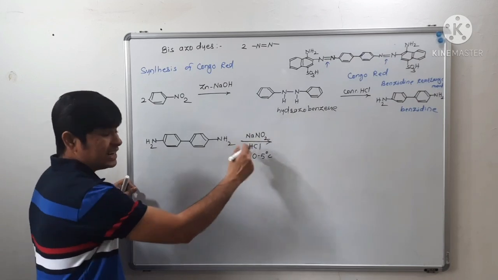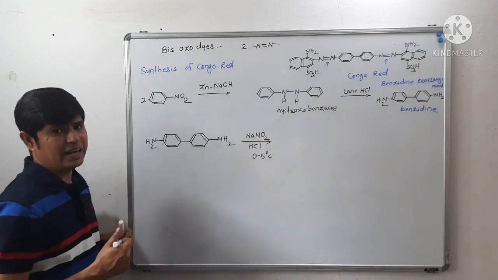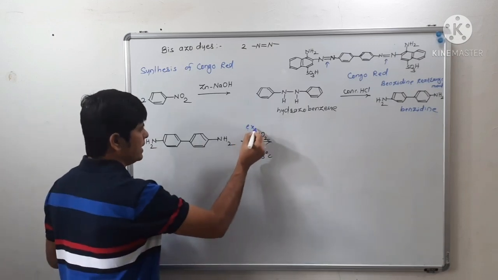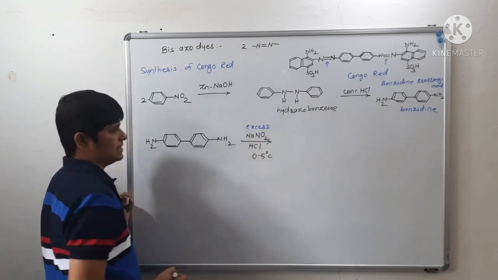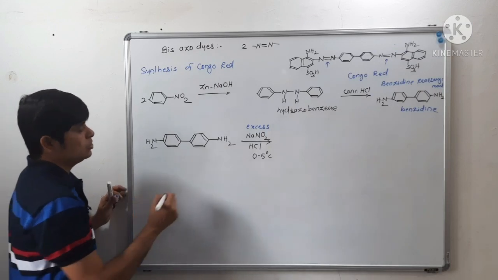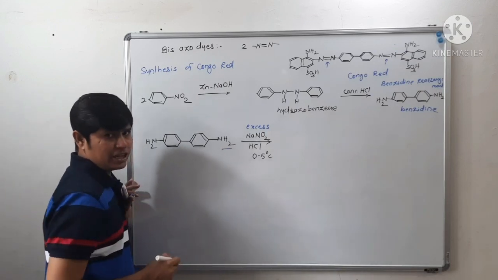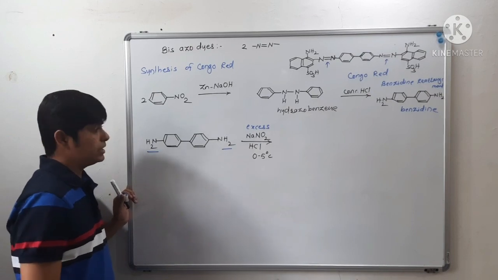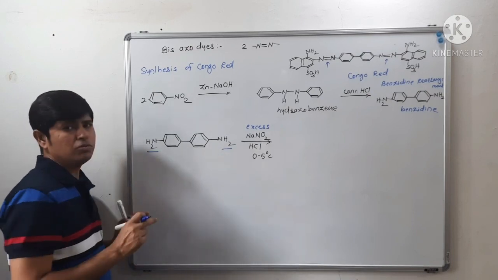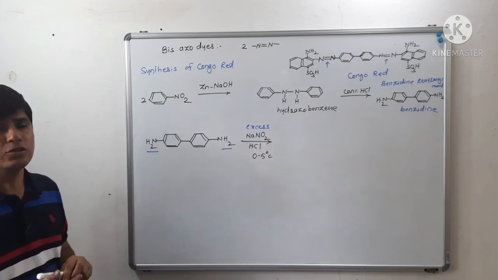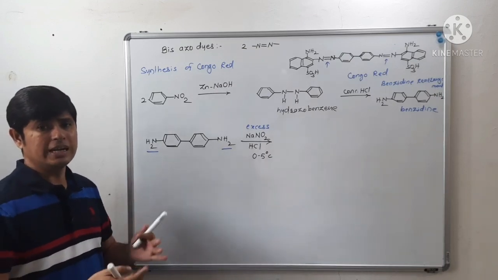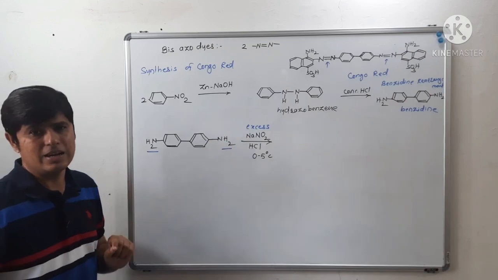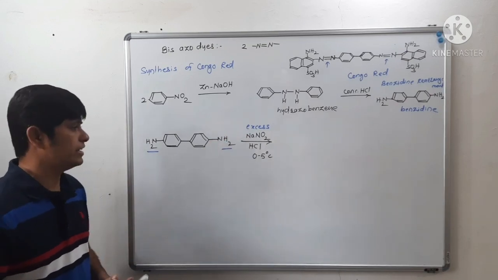We have to use an excess of sodium nitrite and hydrochloric acid. Why? Because we have to diazotize this NH2 group also, and this NH2 group also. So we have to tetraazotize this benzidine.